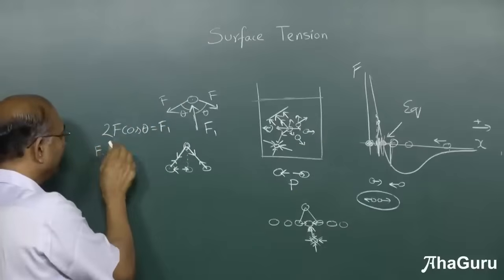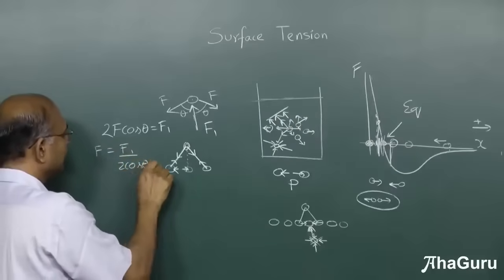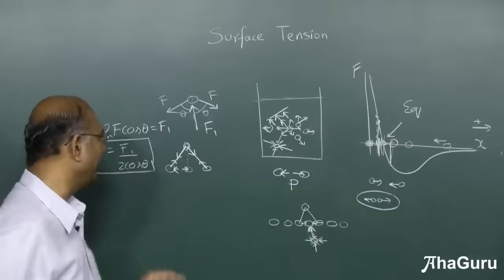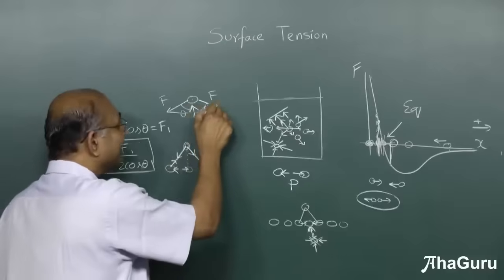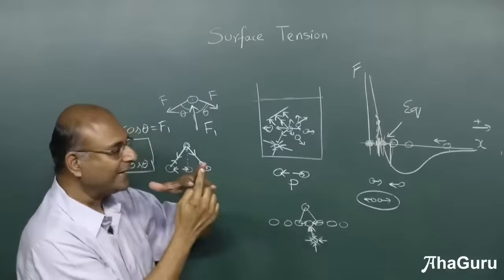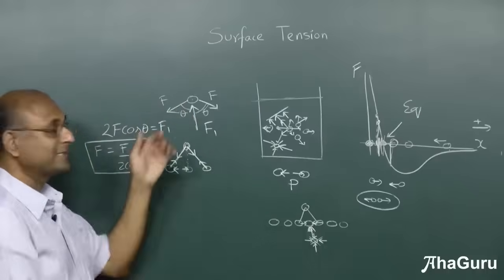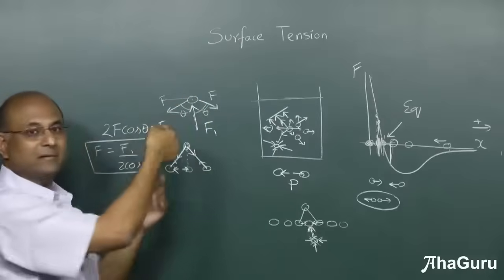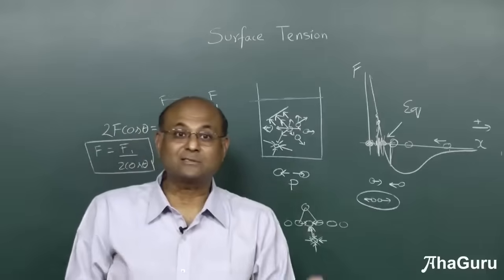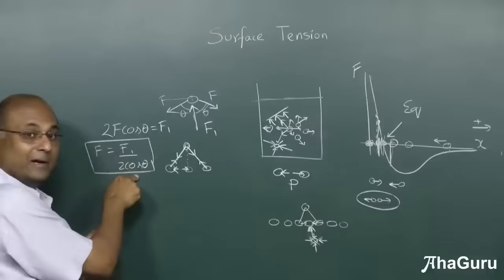So F must be F1 by 2 cos theta. Now F1 is that pressure force, which is okay, but this theta is almost 90 degrees. It's not like this is bent so much. This is a small angle, a slight angle, that's all. I mean it is almost 90, slightly less than 90. So cos theta is close to cos 90. But what is cos 90? Cos 90 is 0. So that means F1 divided by a very small number.